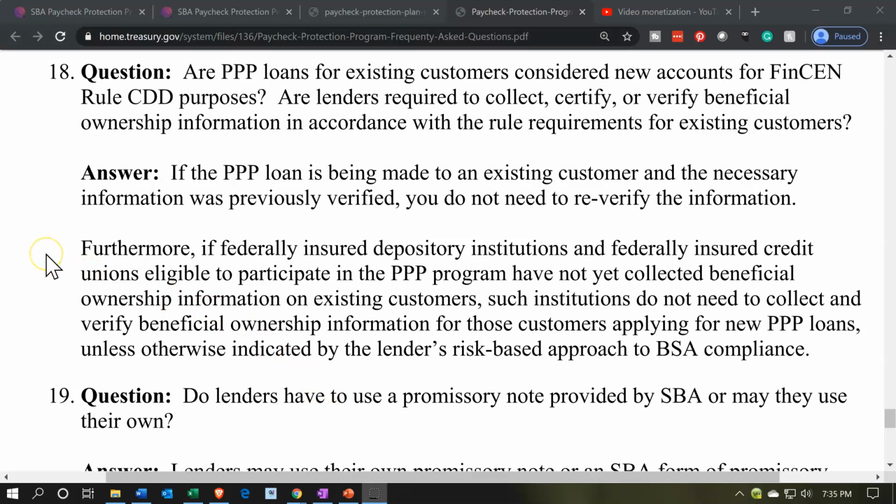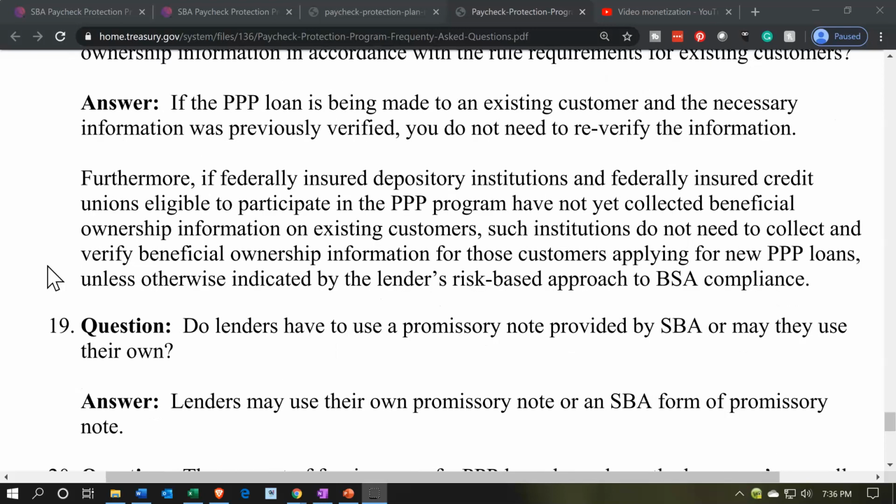So back to the text. Furthermore, if federally insured depository institutions and federally insured credit unions eligible to participate in the PPP program have not yet collected beneficial ownership information on existing customers, such institutions do not need to collect and verify beneficial ownership information for those customers applying for new PPP loans unless otherwise indicated by the lender's risk-based approach to BSA compliance.